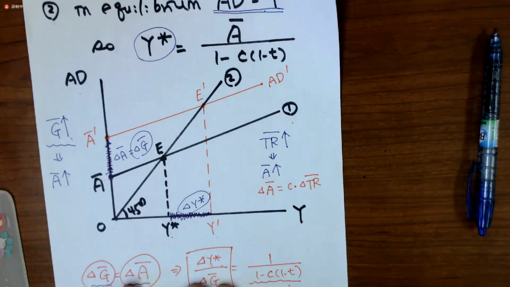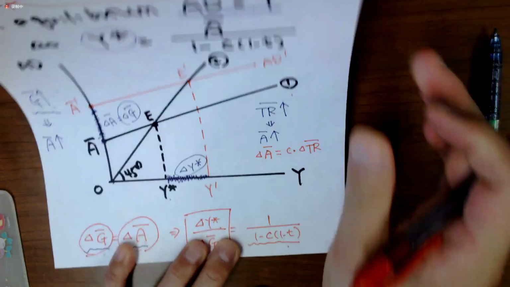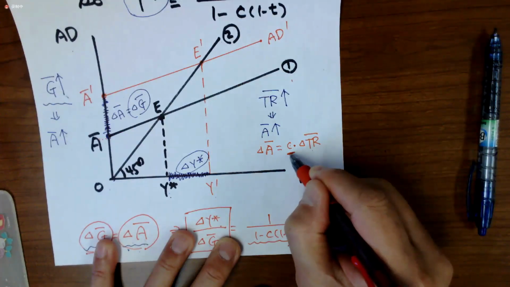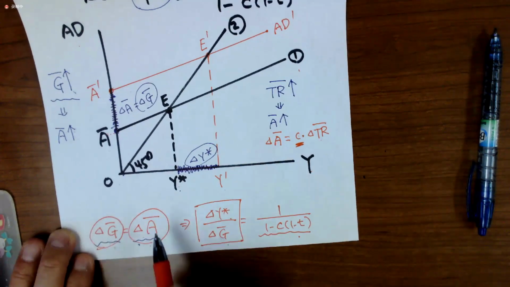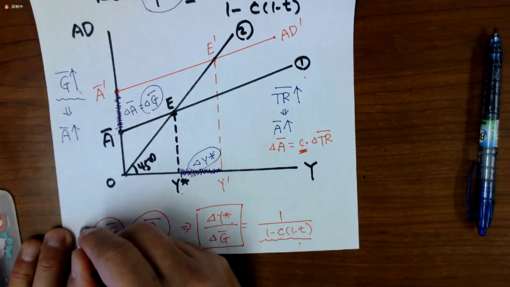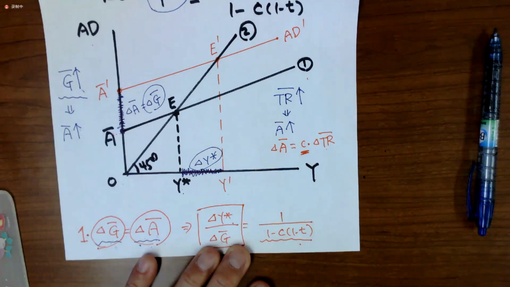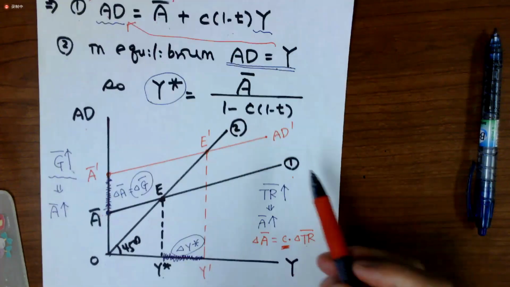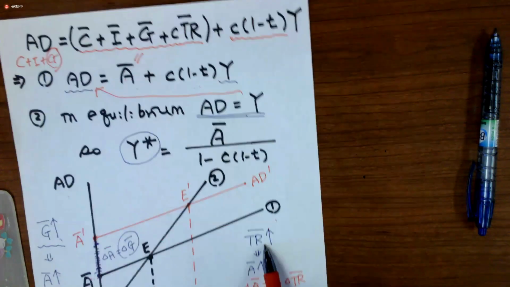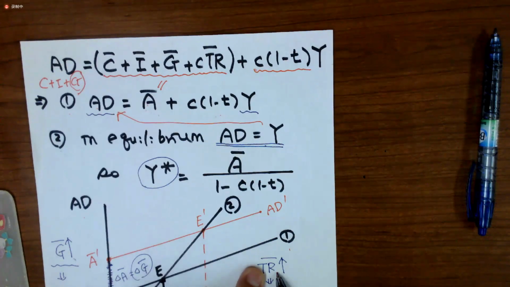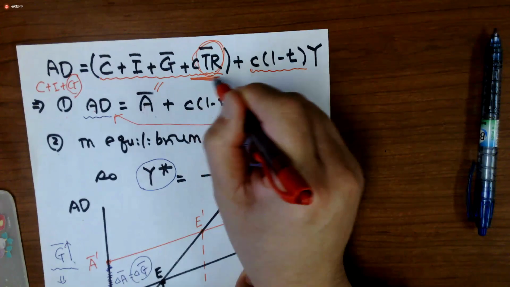Yes. So when you have a change in transfer payment, there's a little c here. When you have a change in government spending, actually you have a 1 here. So what you're going to see is that when you have a change in transfer payment, this will affect the intercept, therefore the A bar of the aggregate demand.